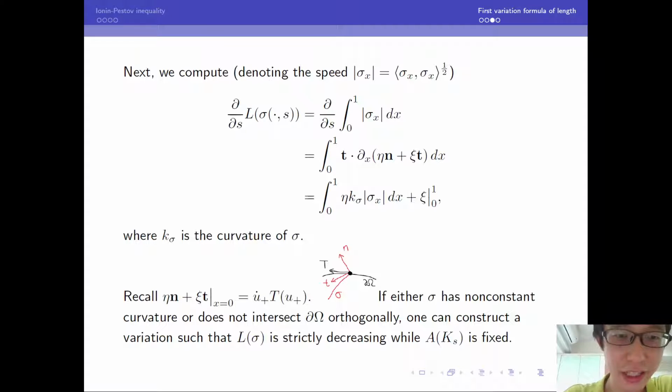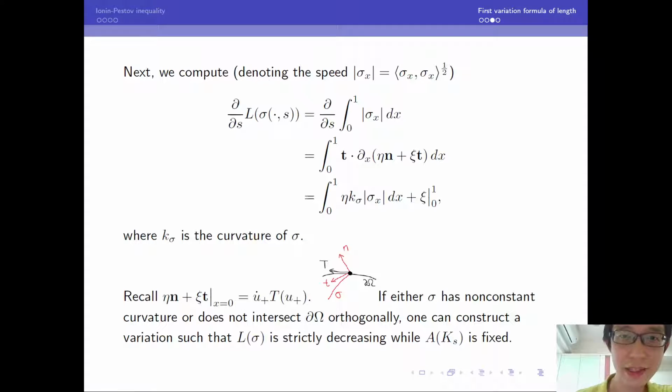Then we can construct a variation such that the length is strictly decreasing while the area is fixed. Okay, therefore, the critical point of this isoperimetric problem has to be of constant curvature, and it must intersect the boundary omega orthogonally.